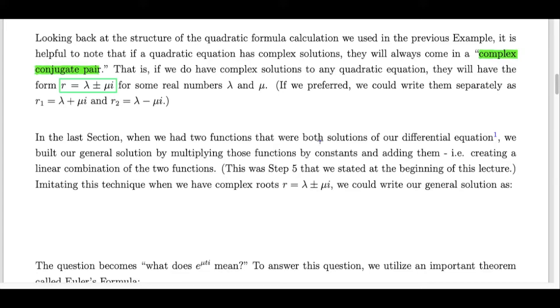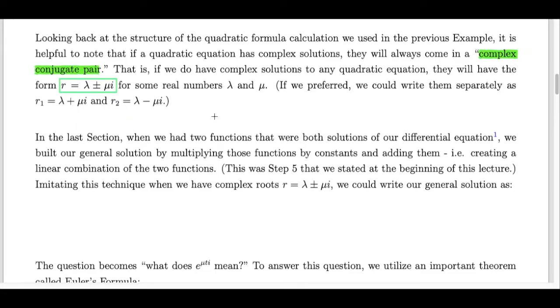So let me move forward with solutions in this general format. Let's suppose we've got complex roots to our characteristic polynomial, and we know that they'll have the form lambda plus mu i for what I've labeled here as r1, and lambda minus mu i for r2. Recall that these r's are supposed to be coefficients in the exponent of solutions.